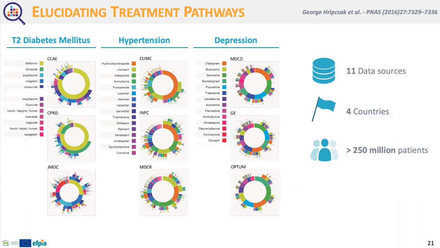And all the data was mapped to the common data model. Patient privacy was maintained throughout using the distributed model and the federated network analysis, and the results then aggregated centrally. And the pathways revealed that the world is moving towards a more consistent therapy over time across diseases and across locations. And this is the kind of work that is only possible by using large-scale international observational research.